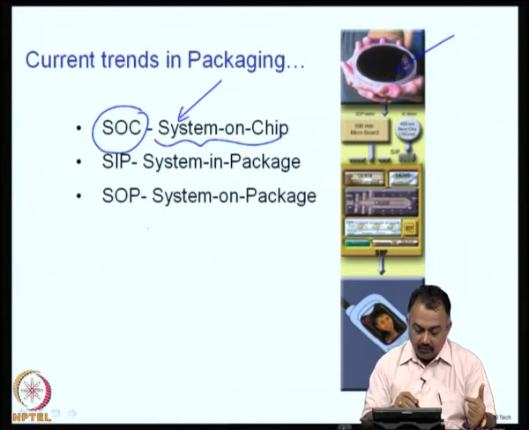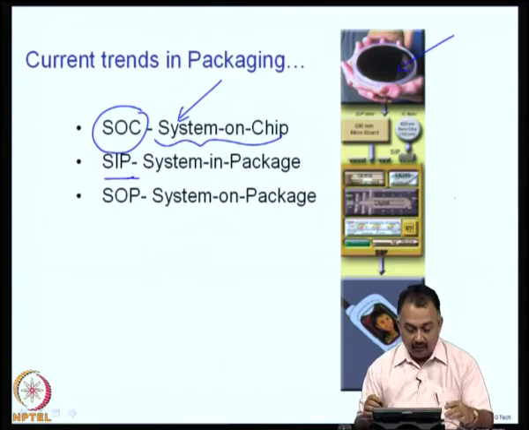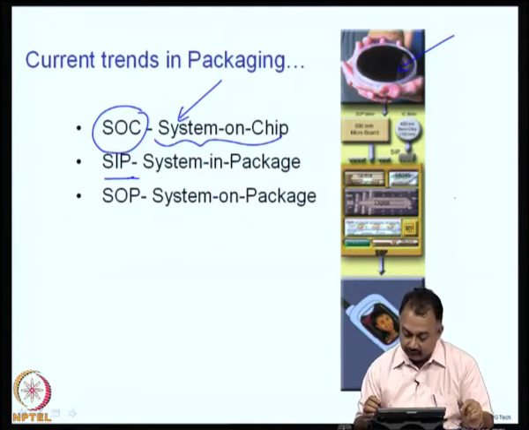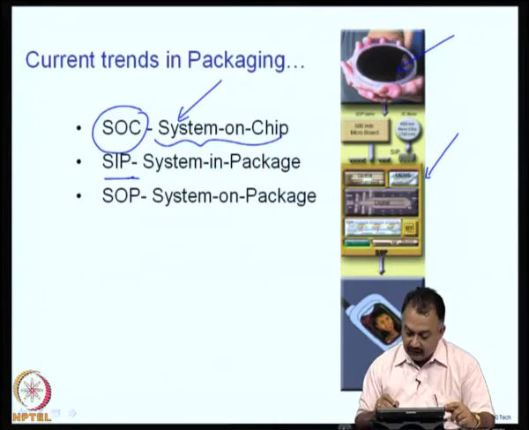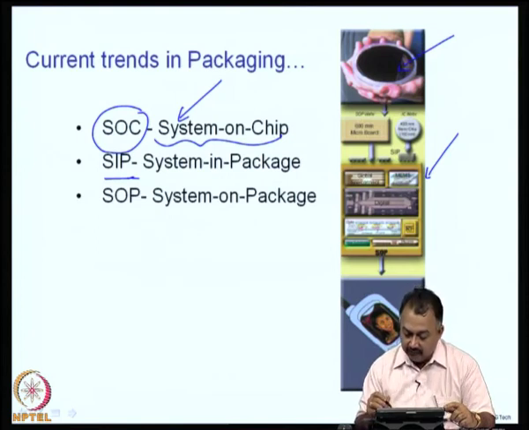Now, let me introduce another term called system in package. How do you define, or what do you mean by system in package? If you look at a figure here, you can see that there can be different ICs. An IC can be a MEMS IC, it can be a RAM, it can be a cache, it can be a memory.